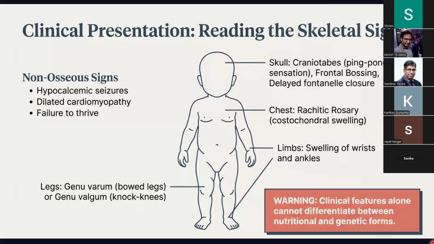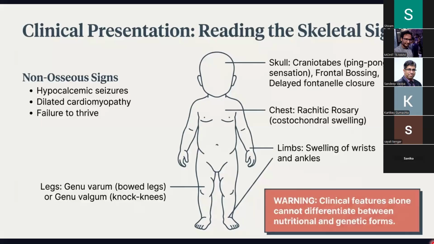In the chest, there is a rachitic rosary, which is a costochondral junction swelling, and we can also see Harrison's sulcus, which is basically the diaphragm pulling onto the ribs, which have become soft or weak due to the rachitic process.